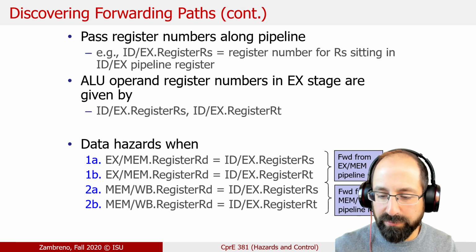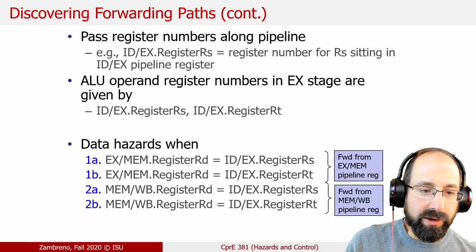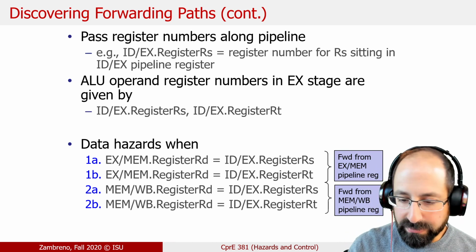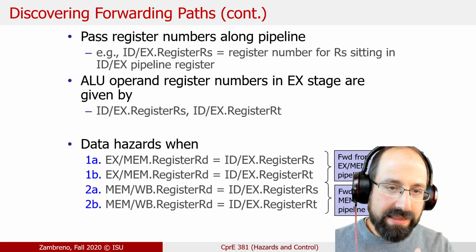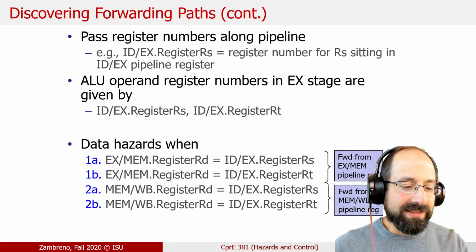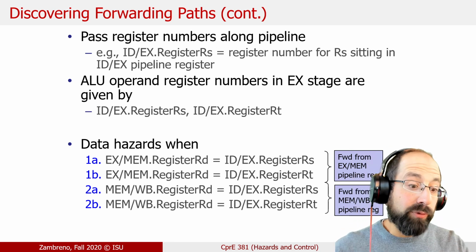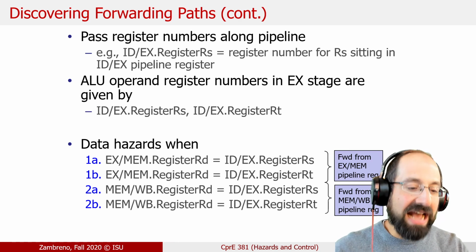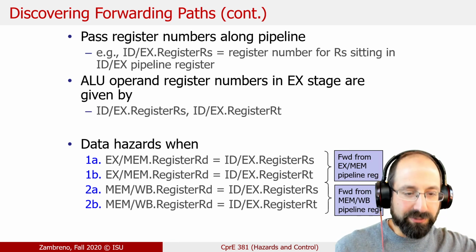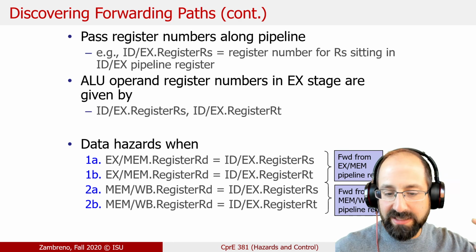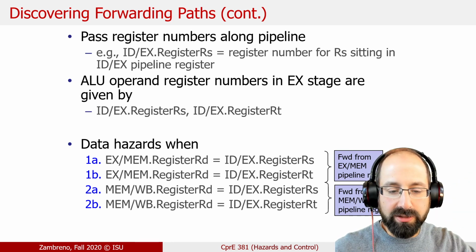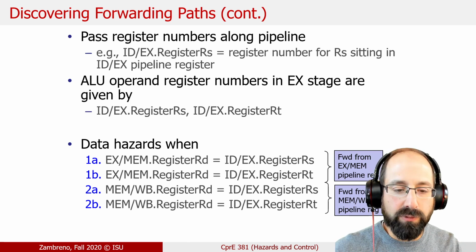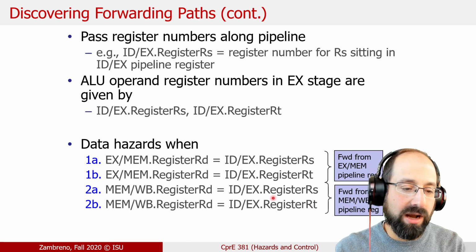There you go. That's a good way of phrasing it. Both of you have a good way of phrasing that. Has to take priority is what. So just to rephrase that, the more recent producing instruction has to take priority over the older producing instruction. In this case, the one that's outputting from the EX-MEM register has to take priority over the forwarding case that corresponds to the mem/writeback register.